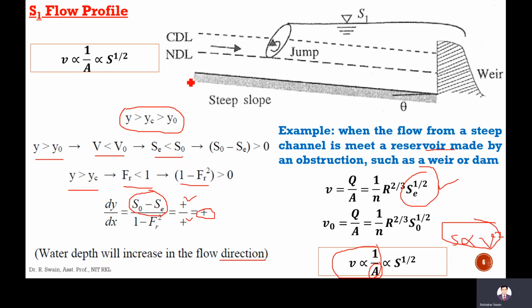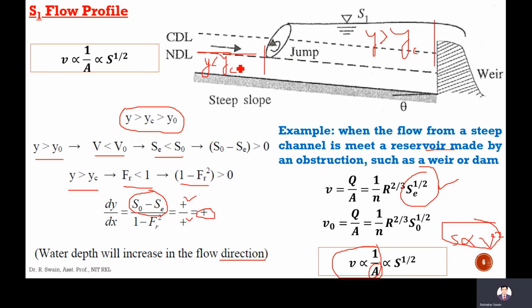If there is a steep slope, then the flow depth, initially it will be at the NDL, at normal depth, and suddenly here it will jump to become more than YC. So here y will be less than YC, here y will be more than YC. So it is called the S1 flow profile curve from here to here.